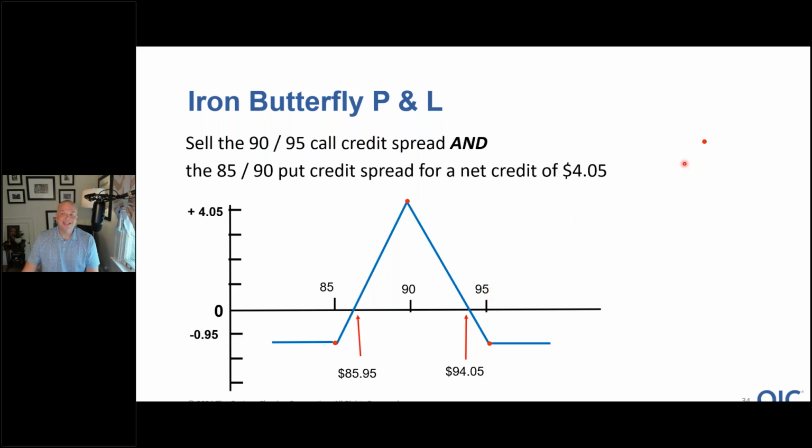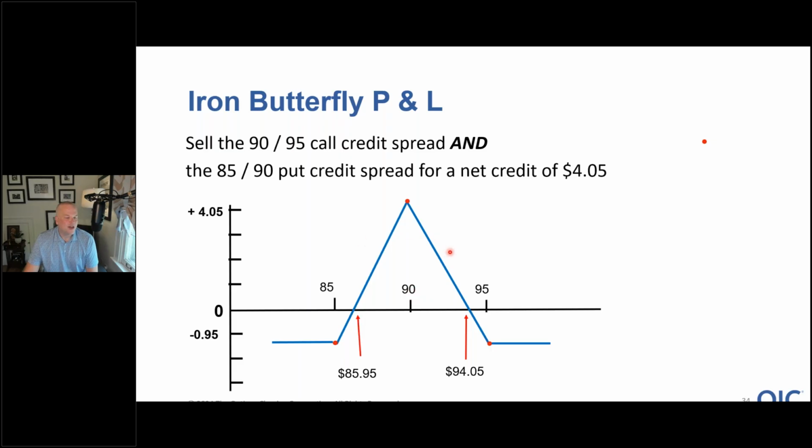So in this case, you're taking in more premium. You're taking in a full $1 more of premium, which is north of 30% more premium. But what you're also incurring is the actual gamma, and you're exposed to the actual movement of the underlying more acutely because you're short both the 90 call and the 90 put.